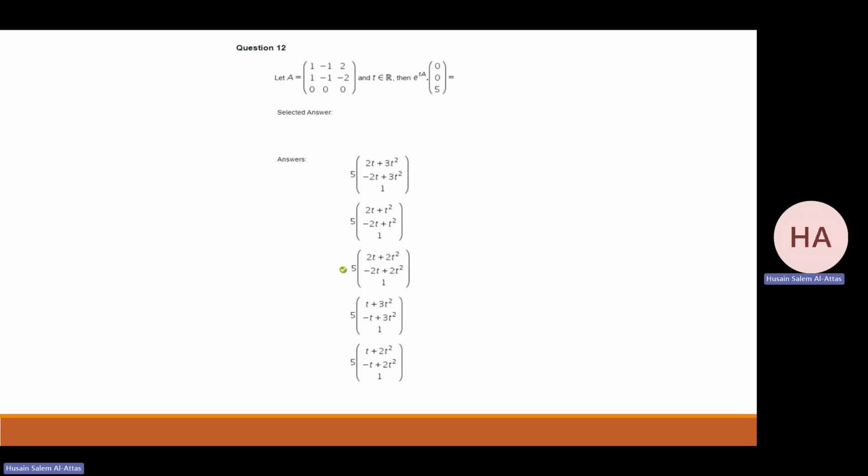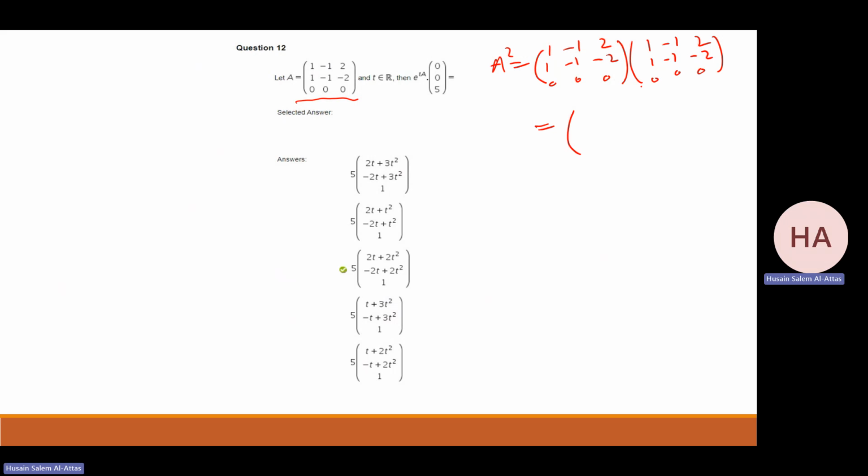Now let me move to the second one. This seems to be nilpotent. Let me check. A squared is A times A. Be careful in the calculation.